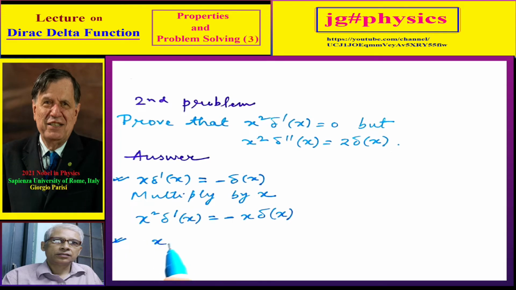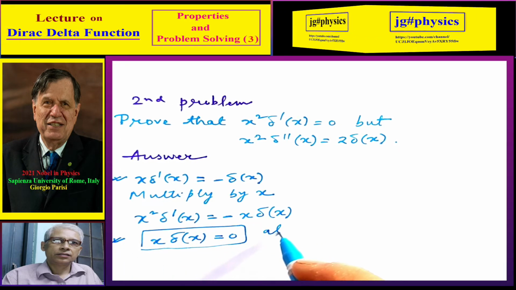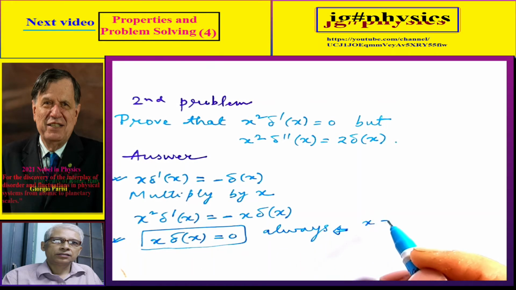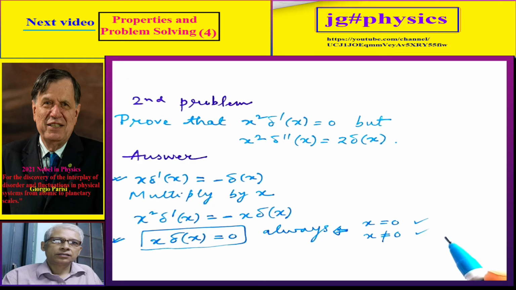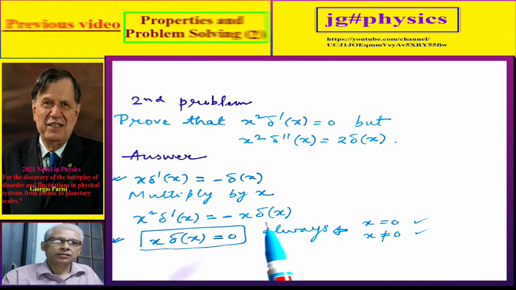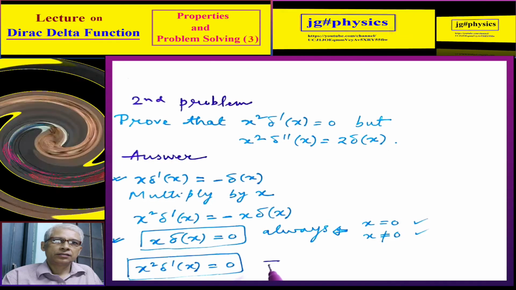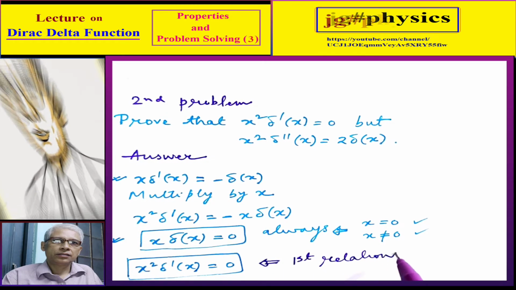And again we got in the previous video the relation x delta x equal to 0, and this happens always, that is both for x equal to 0 as well as for x not equal to 0. So putting 0 for x delta x, we have x square delta prime of x equal to 0. Which is the first relation of the second problem.